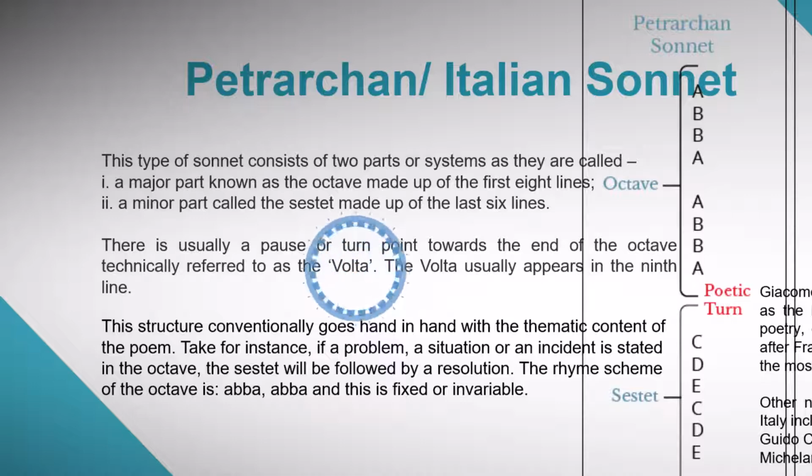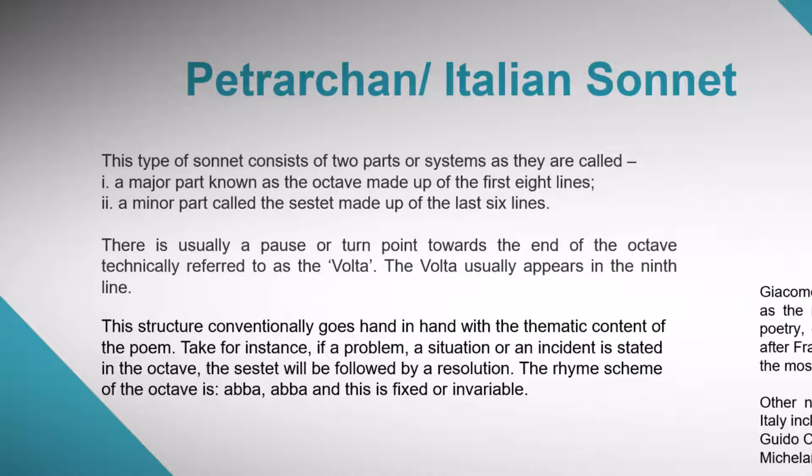The volta usually appears in the 9th line, so it's like the intersection between the octave and the sestet. So the structure of an Italian sonnet goes hand in hand with the thematic content of the poem.